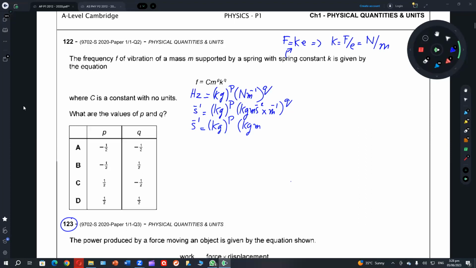So will the meters and meters be cancelled because it's like 1 plus minus 1, right, 0.